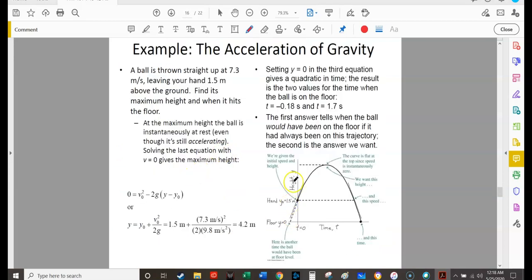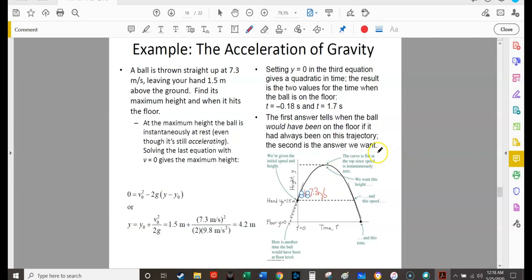And so when we graph a y direction motion, let's suppose we shoot a ball up at 7.3 meters per second, and it leaves your hand, and you're holding it and you're 1.5 meters tall. So when you shoot it here, you're throwing it with an initial velocity of positive 7.3 meters per second.